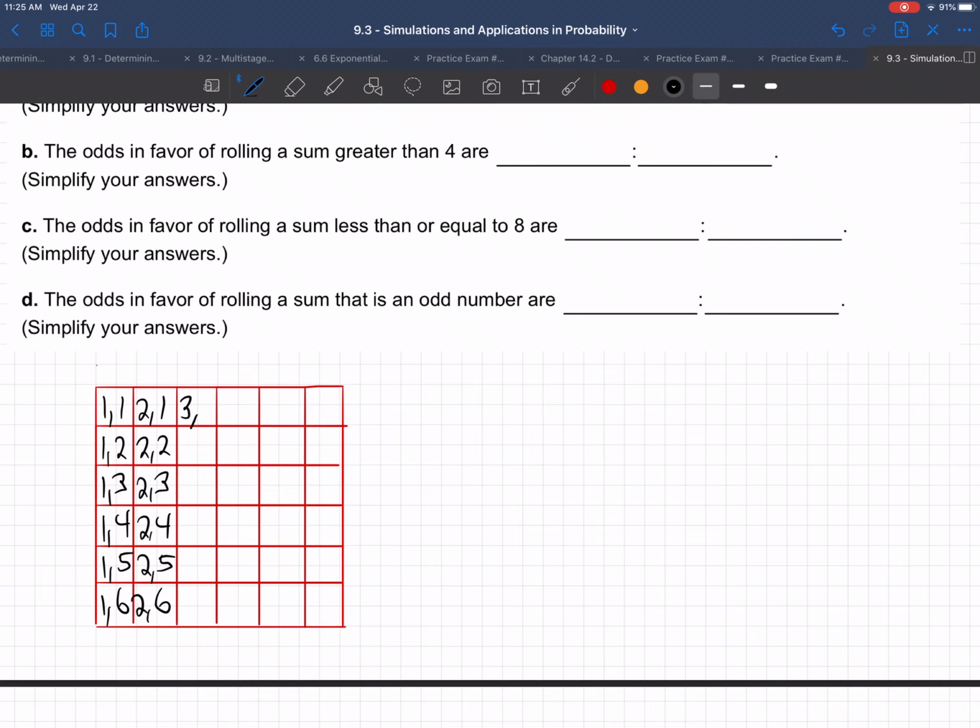Or we could get a 3 on the first die and a 1 on the second. 3 then 2, 3 then 3, 3 then 4, 3 then 5, 3 then 6. Or we could get a 4 on the first die followed by a 1, 2, 3, 4, 5, 6. Or we could get a 5 on the first die, followed by 1 through 6.